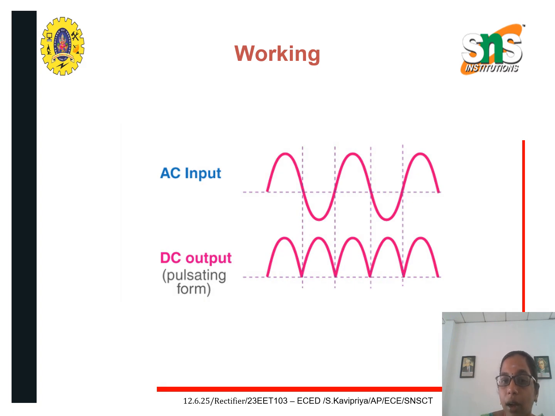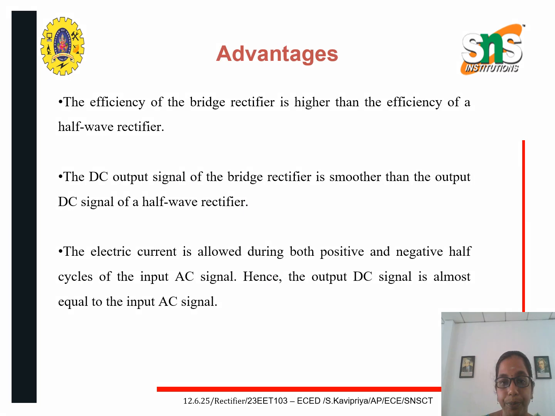This is the waveform for the bridge rectifier. The input is AC. In the bridge rectifier, as in the full wave rectifier, the complete AC cycle will be converted to DC. The main advantage is that the center tap transformer is avoided, so the space and circuit complexity are reduced. Another advantage is that efficiency is higher than the half-wave rectifier.